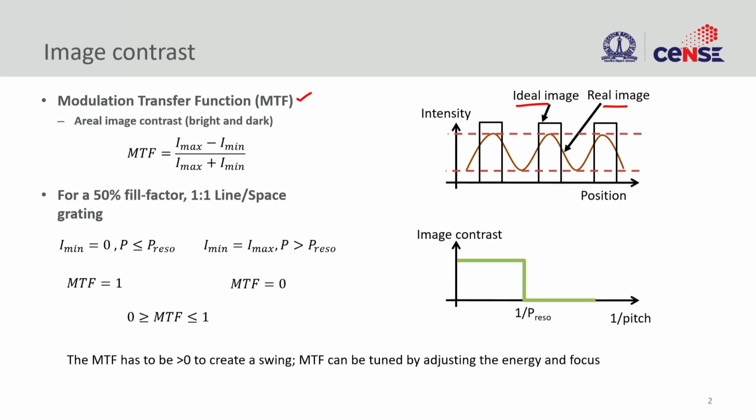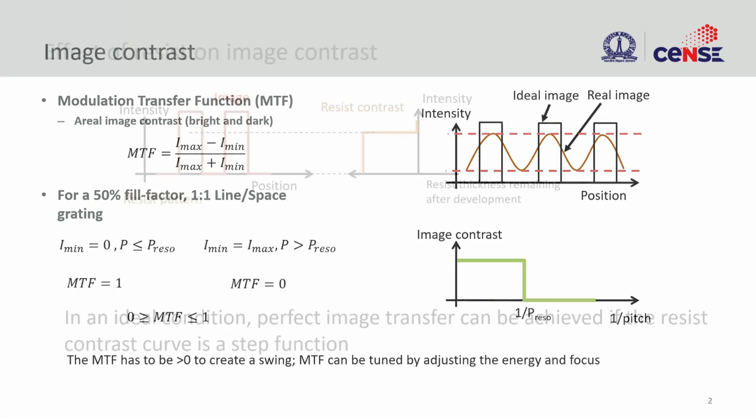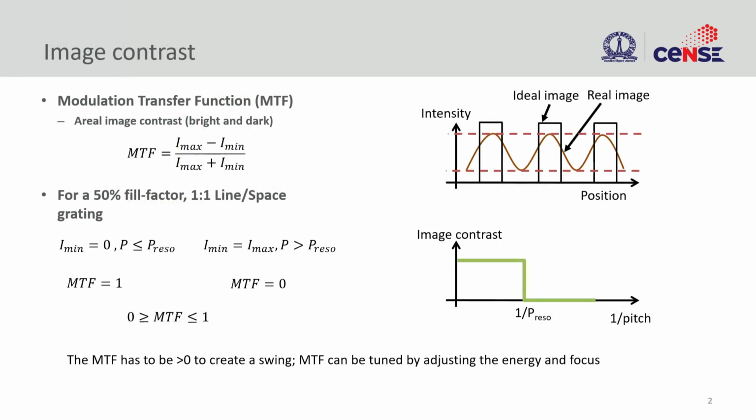So, I max is the maximum intensity and I min is the minimum intensity you have. So, this is our I max and this is I min. You want the ratio to be large enough so that you can transfer the image reliably.